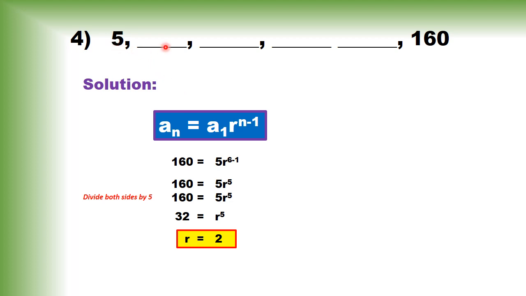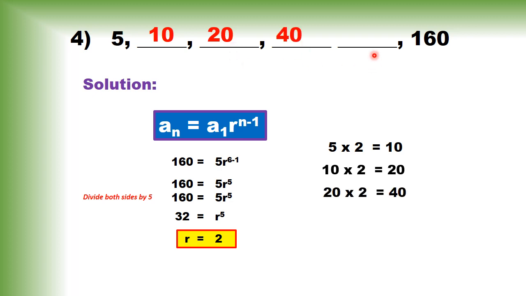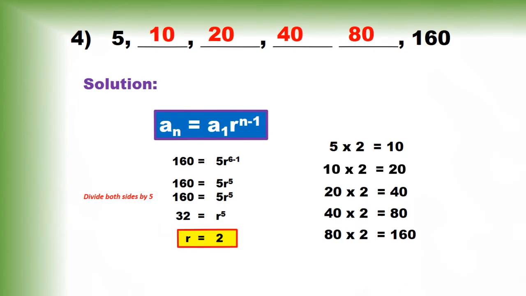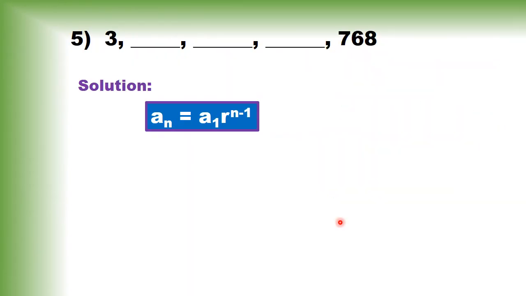To get the next number, from left to right, multiply 5 by the common ratio r equals 2. 5 times 2, 10 times 2, 20 times 2, 40 times 2, 80 times 2 is 160.